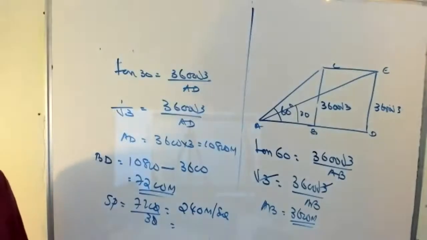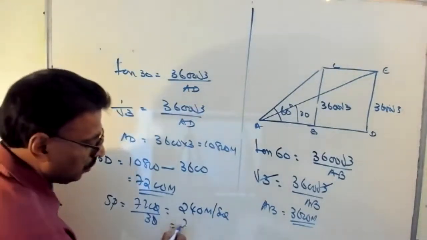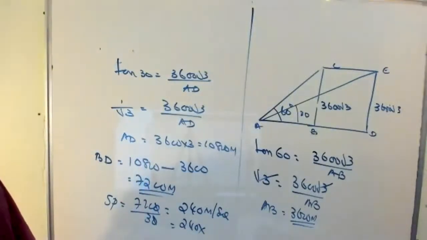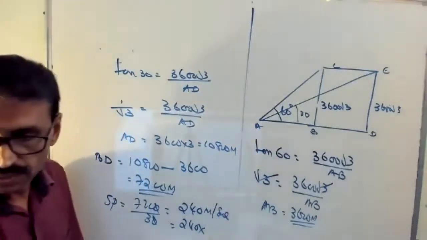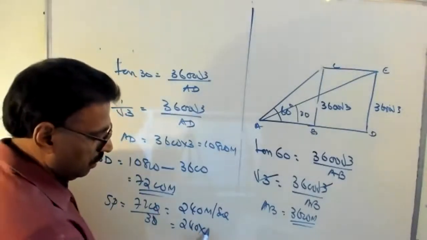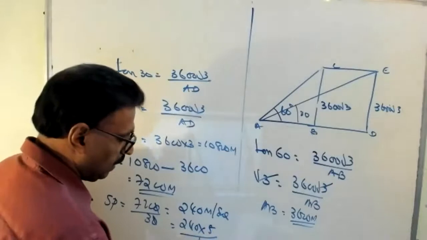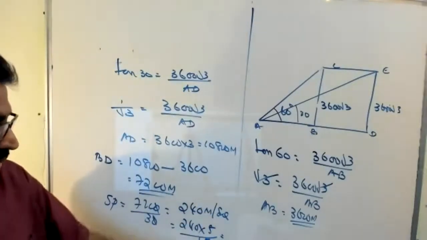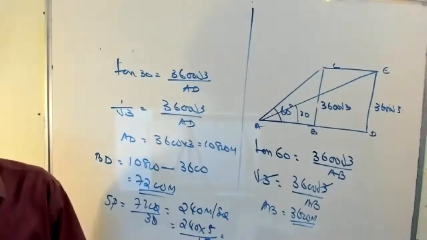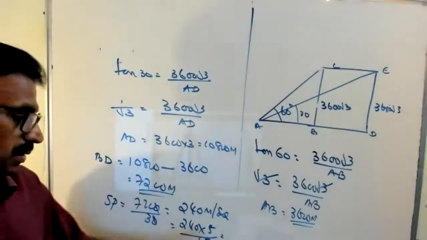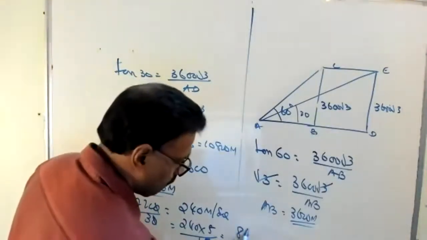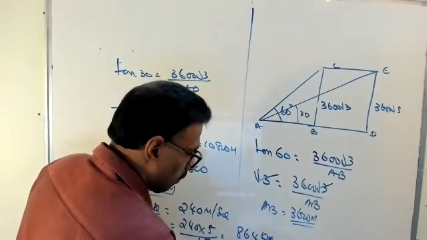So we can convert to kilometer per hour. How to convert? 240 into 5 by 18, right? Sure, 5 by 18. Because meter to kilometer is divided by 1,000, second to hour is 60 into 60. So how much will you get? You will get 864 kilometer per hour.